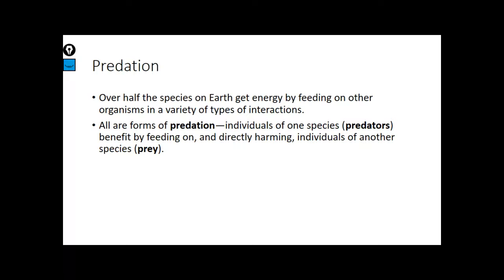But this is the same as we imagine a ferocious, carnivorous caterpillar as it crawls around on the milkweed plant. Okay, it is getting benefit. It directly harms, destroys and consumes the tissue of its prey.